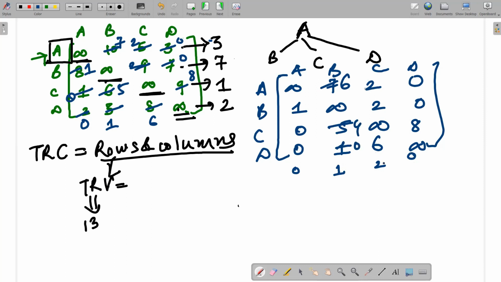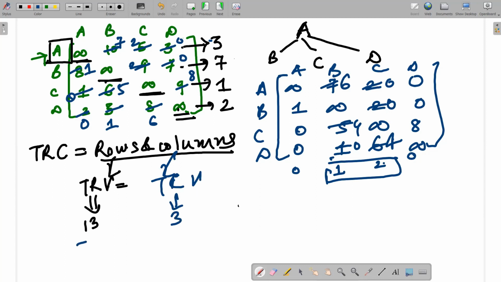If 2 is reduced, this becomes 0, 0, and this becomes 4. So the column reduction value is 1 plus 2, which is 3. The total reduction cost is 13 plus 3, which is 16 for vertex A.